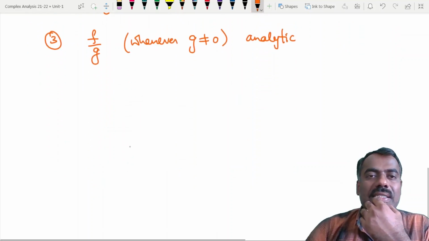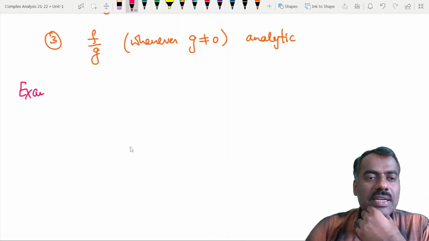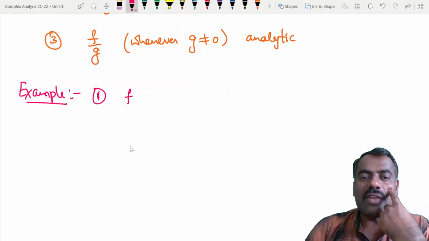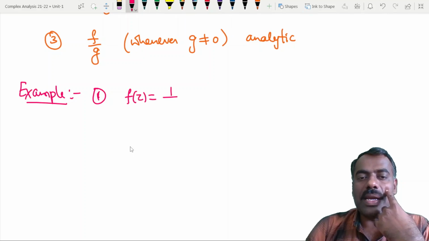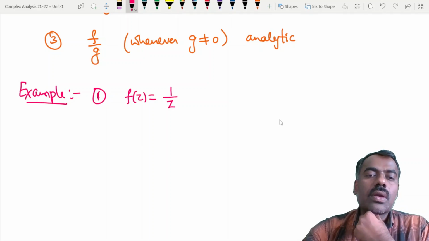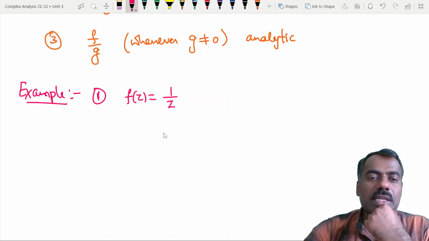Now, let's see some examples so that we can understand, because we have not started with any example of an analytic function. We'll talk about analytic at a point. So suppose take f of z equal to 1 by z. Then what can you say about this function?